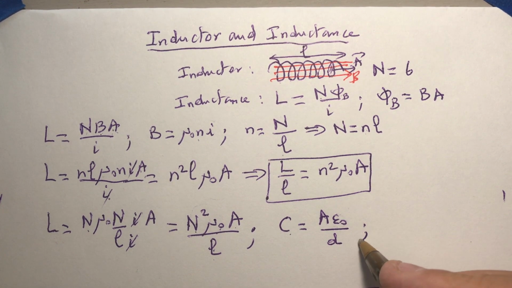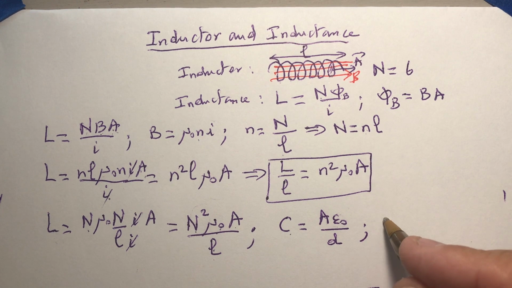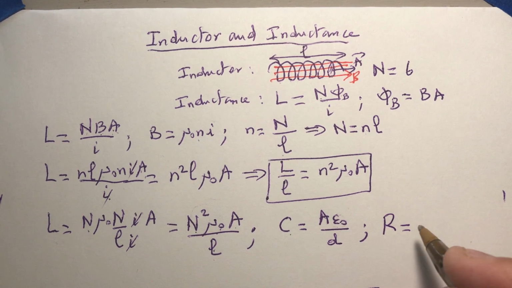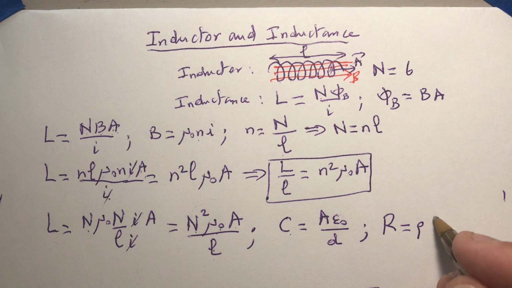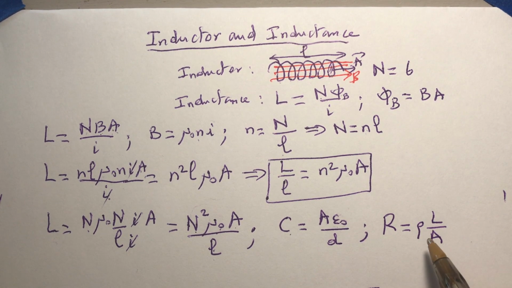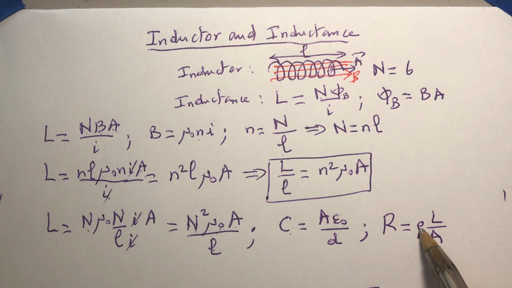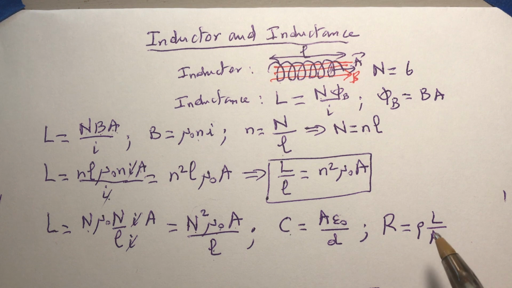If you look at the resistor or resistance, I put here R is equal to rho L over A. Now, this rho is just a constant. It depends on the material, if it's copper or zinc. So this is specific to that material, and this one doesn't change. Of course, it might change with respect to temperature, but at normal temperature, this is just constant.